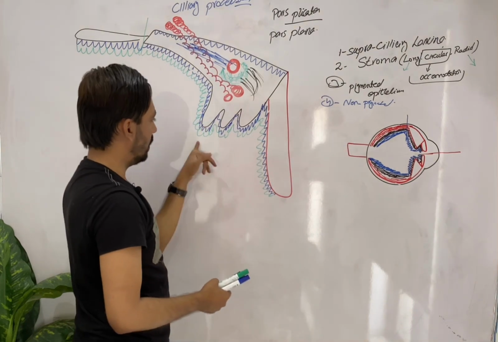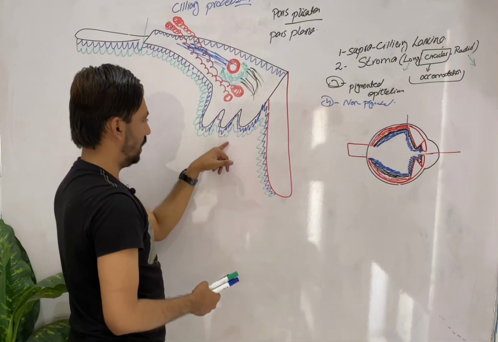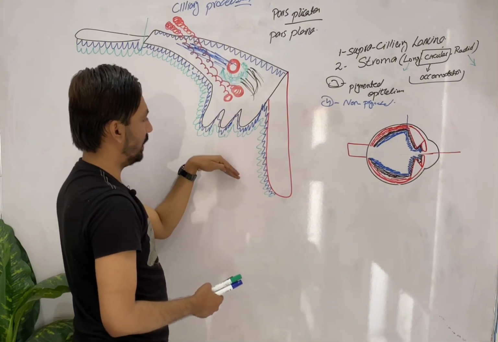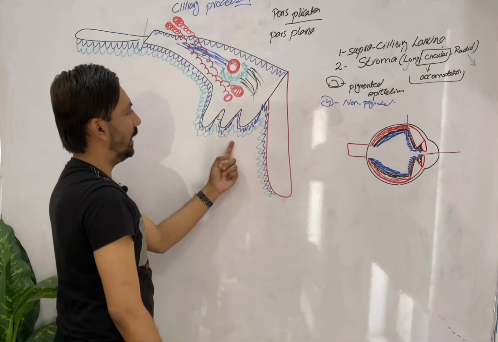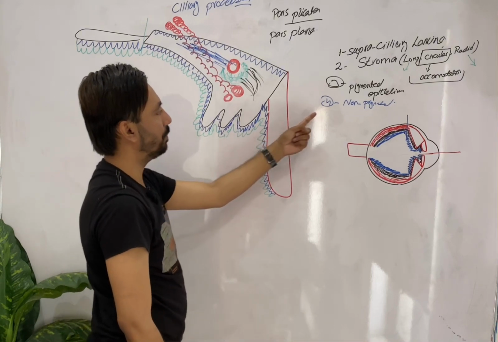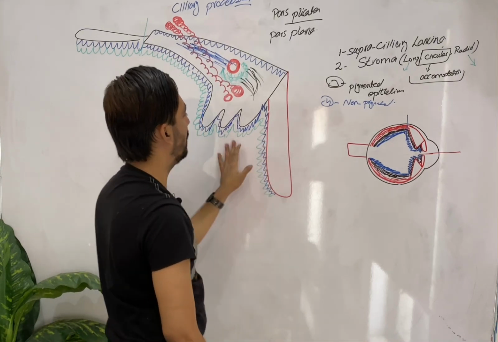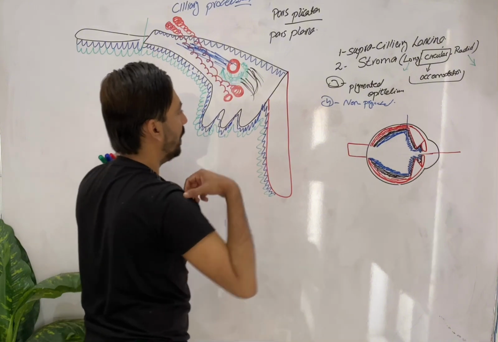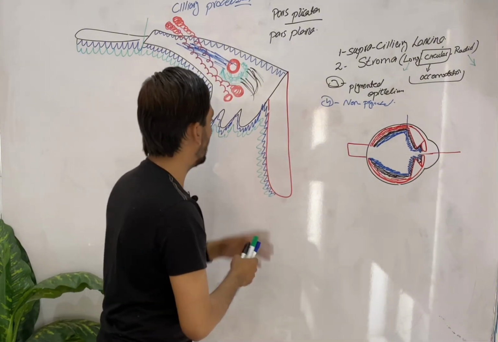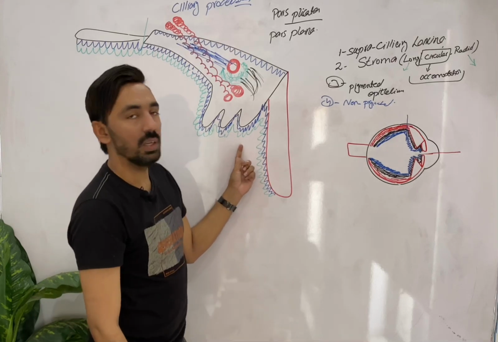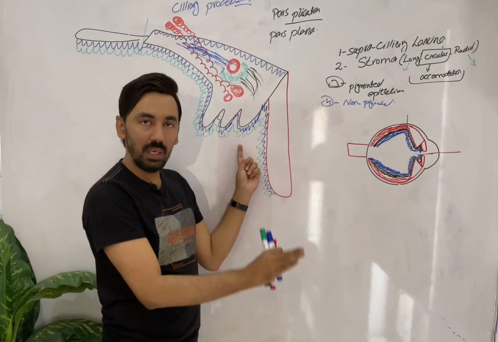This innermost layer of the ciliary body is called non-pigmented epithelium, right? And remember that at the level of the non-pigmented epithelium, there is a blood-aqueous barrier.